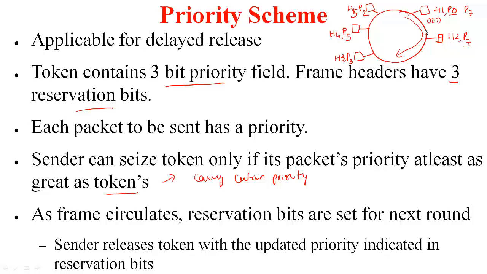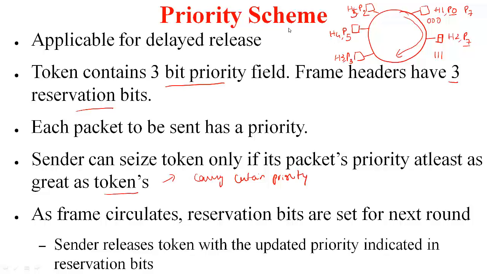Now as this frame is going round the ring, host 2 will see these bits. It has a packet with priority 7, so it's going to modify these bits to 111. Now as this frame is going, host 3 sees, but it has a priority 3 which is less than the priority 7 that is part of the reservation bits. So it will not alter the reservation bits. Similarly, host 4 as well as host 5 will not alter the reservation bits.